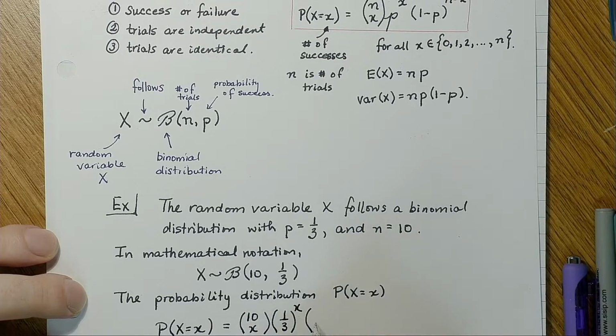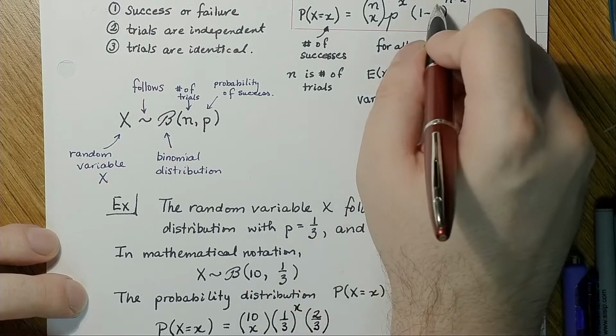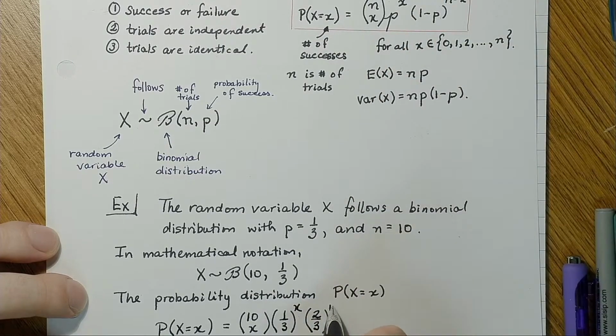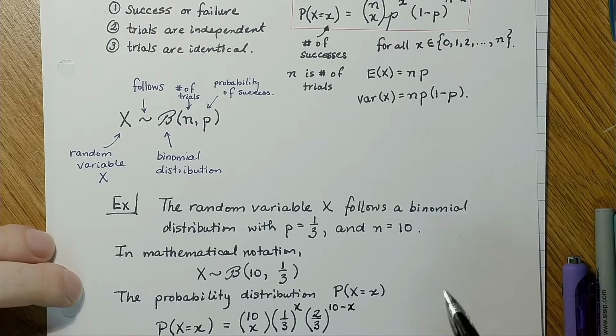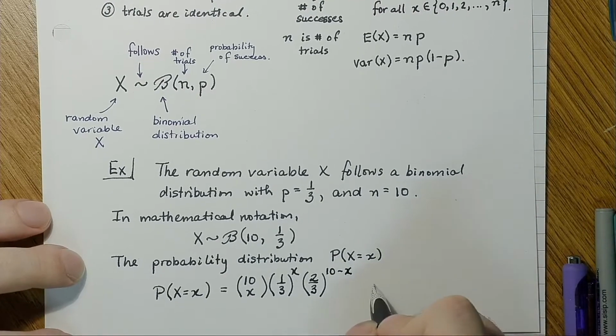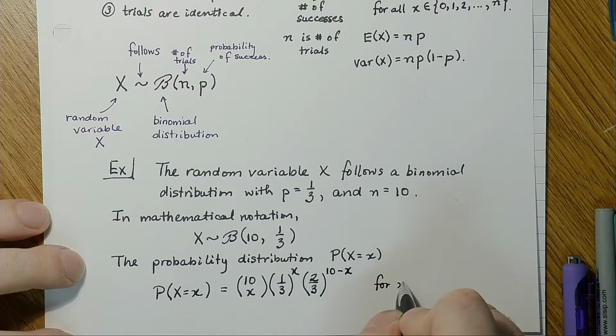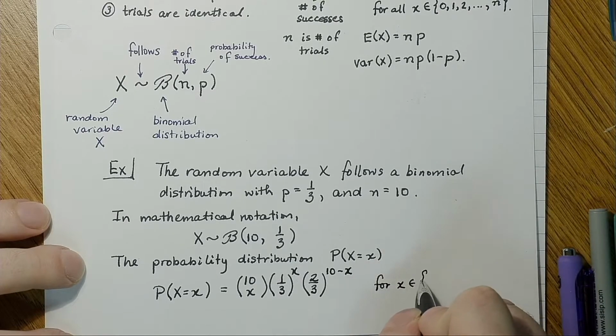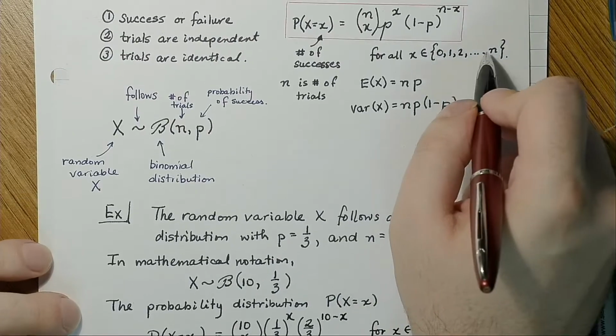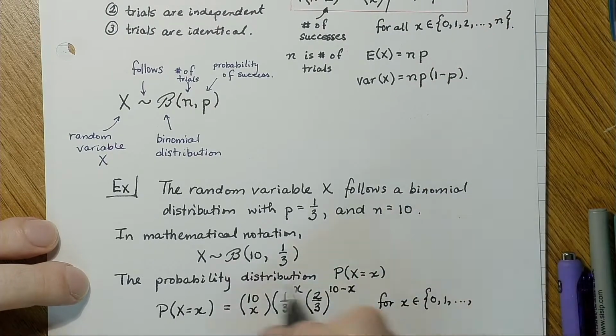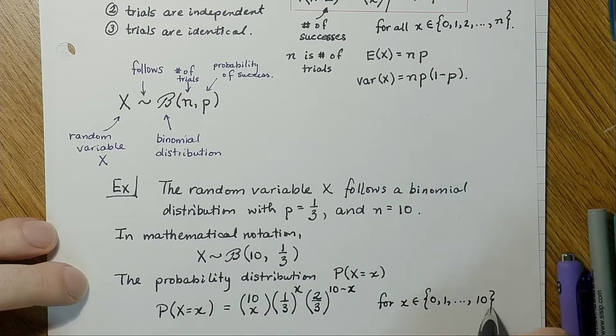And lastly, it would be 1 minus p, so 1 minus 1/3 gives me 2/3, and n is still 10, so 10 minus x. And that's for x from 0, 1, 2, all the way up to 10. So there we go.